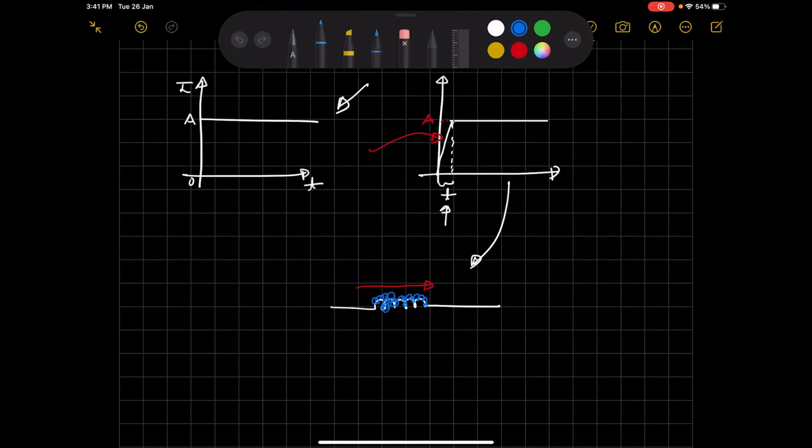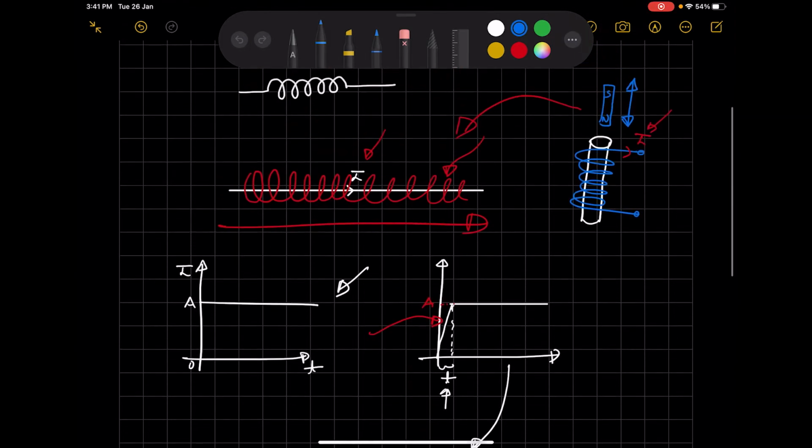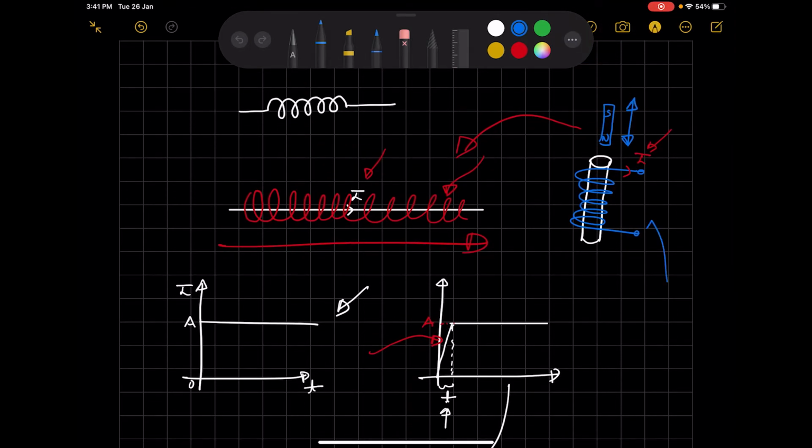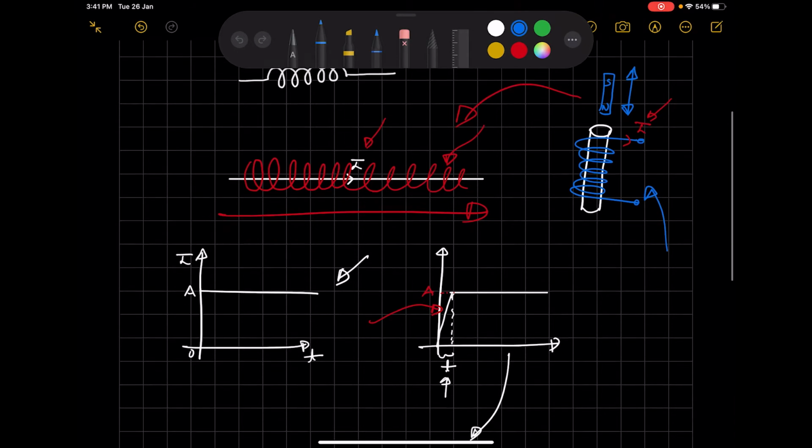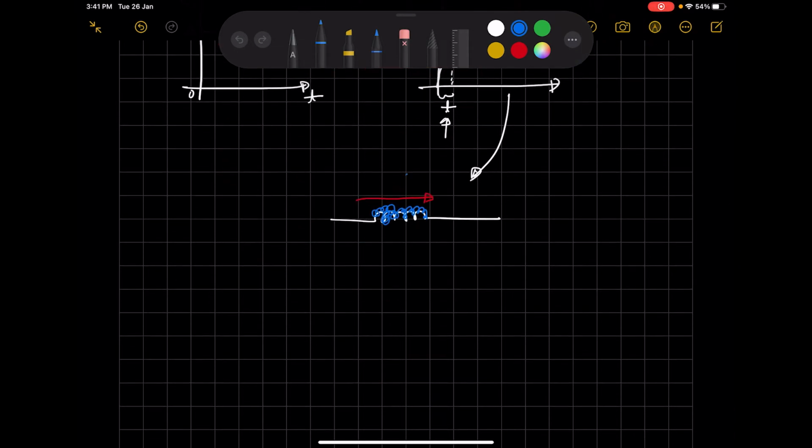Now what do we know about a changing magnetic field? As we saw in this example, a changing magnetic field in contact with a conductor will produce a current. The magnetic field which is changing here is also in contact with the same conductor.